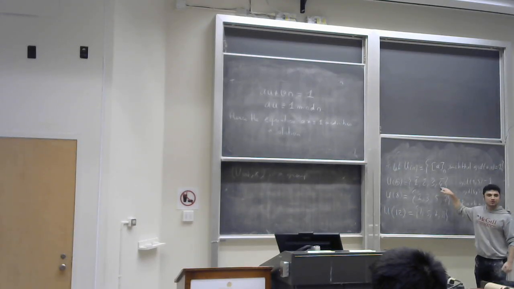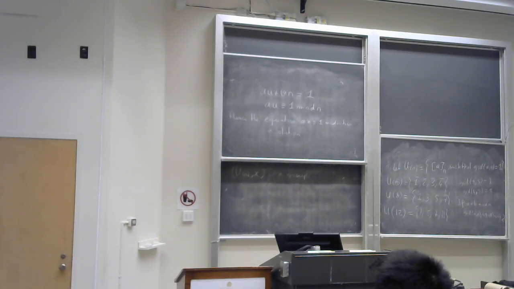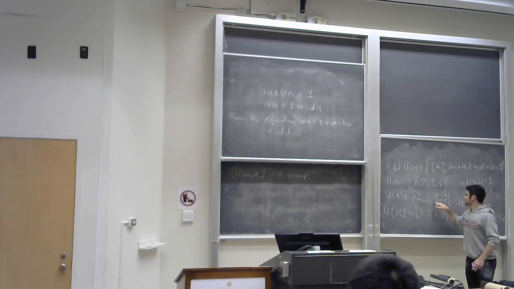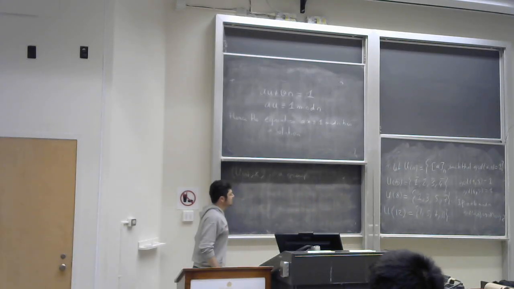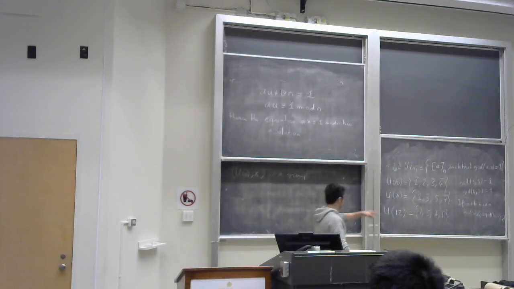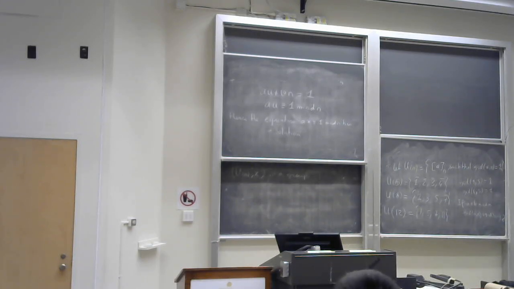So what is 3 times 4? 12, which mod 5 is 2. 3 times 5 is 15, which mod 8 is 7, that is, minus 1. 5 times 7 is 35, which mod 12 is 11, that is, minus 1.